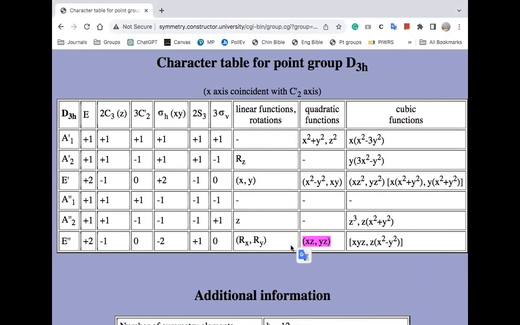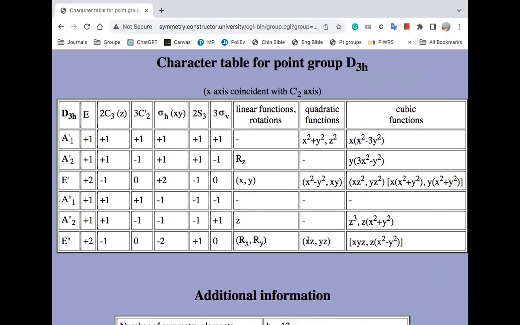For the E double prime mode, you can see that only XZ and YZ are there. All the other elements are 0. Only these two elements transform like this. You have other elements, but they transform in a different way, in a different representation. So for this particular phonon mode, you only have these two elements.